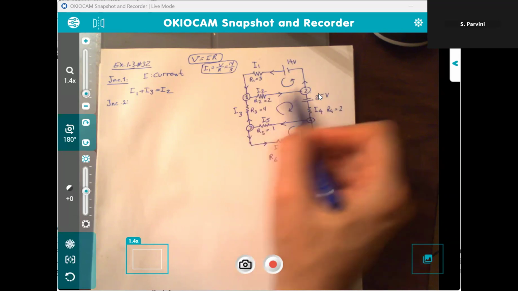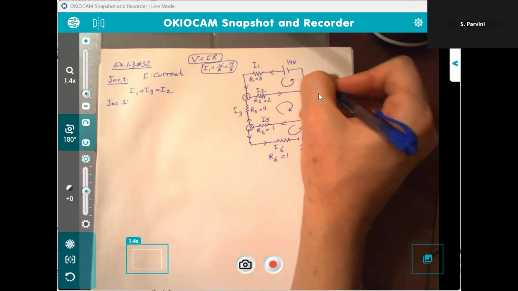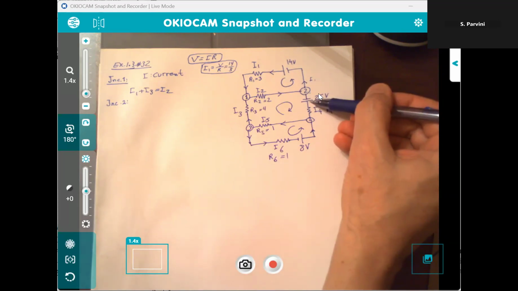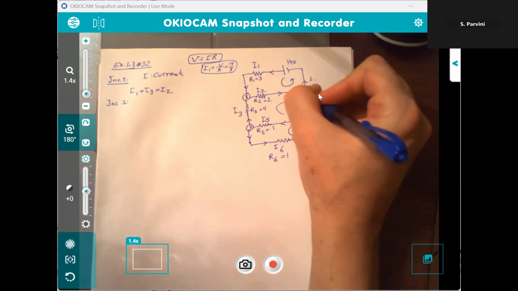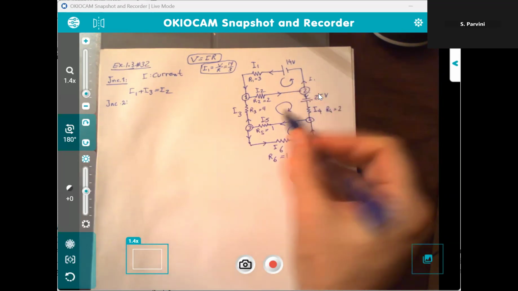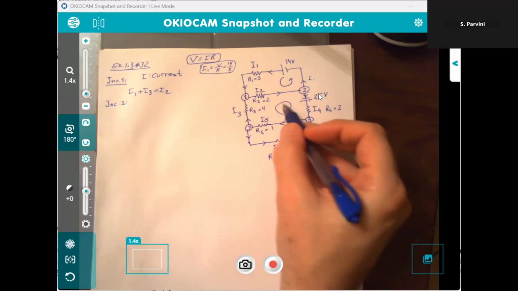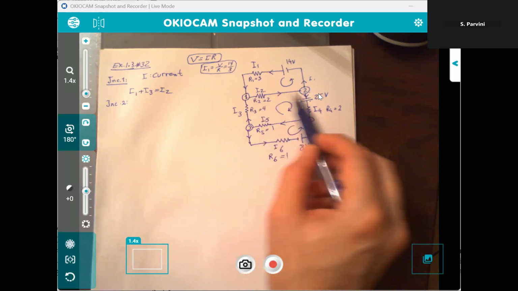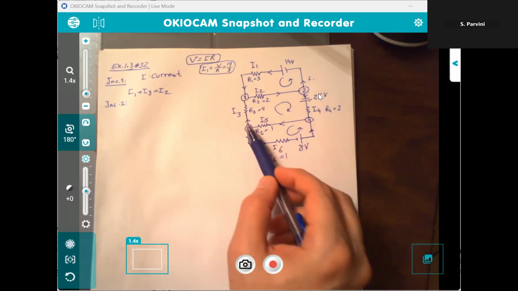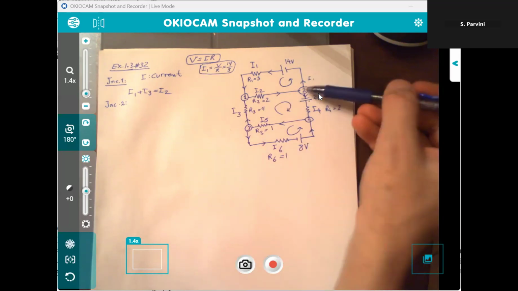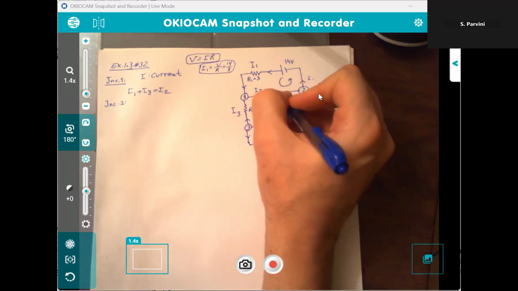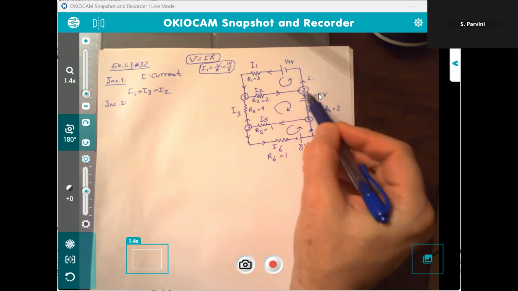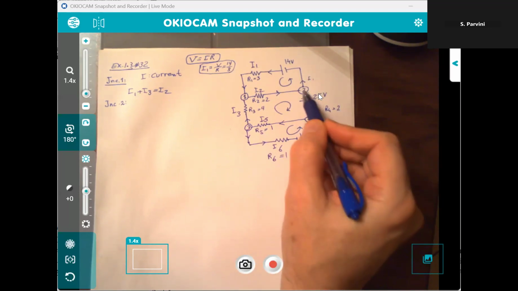The current I1 is leaving. And how about this one? There is an arrow for this one, sorry, I left it off. Remember, the middle network is a clockwise rotation, so it goes this way, down to the left and up. So at junction 2, you got I2 coming in, I1 leaving, I4 leaving.